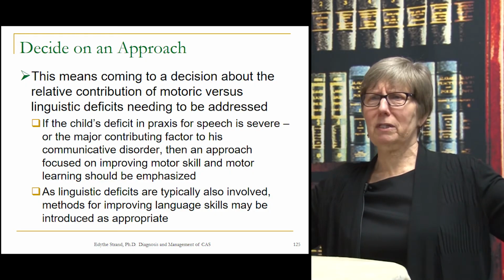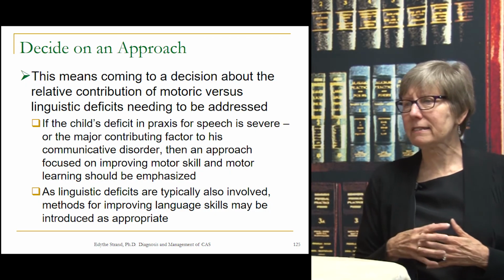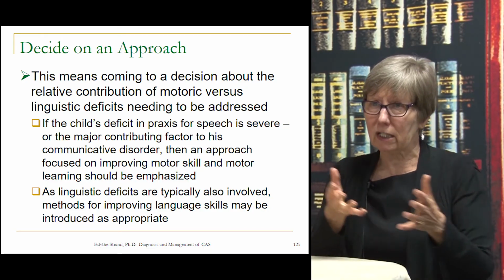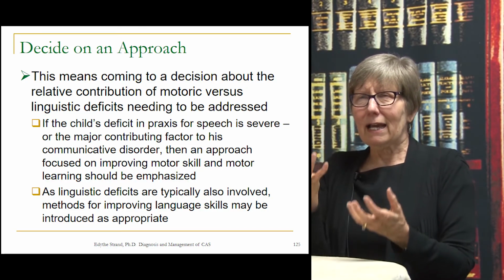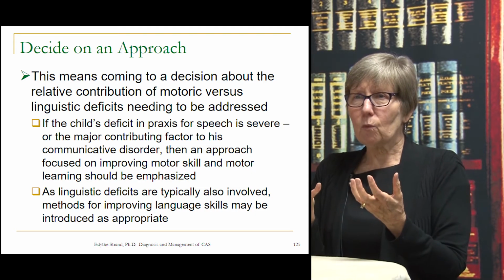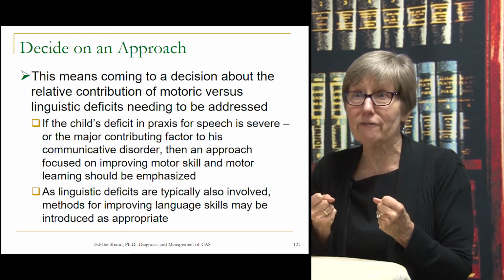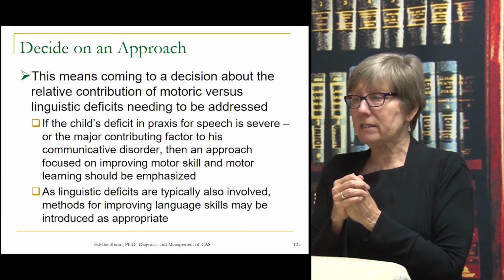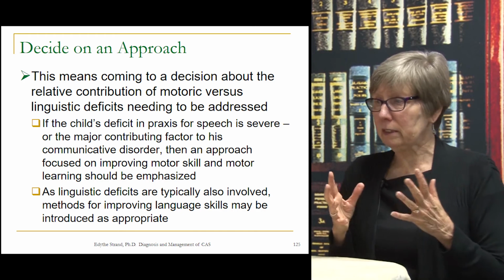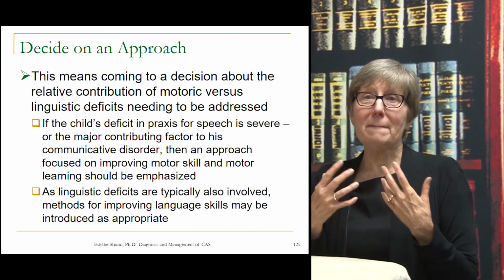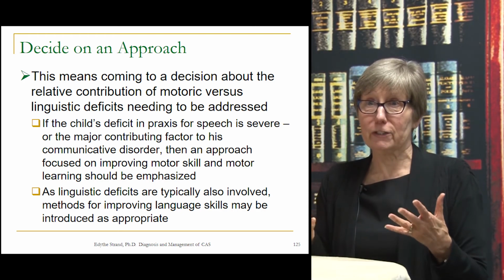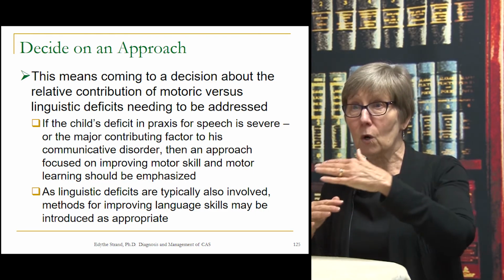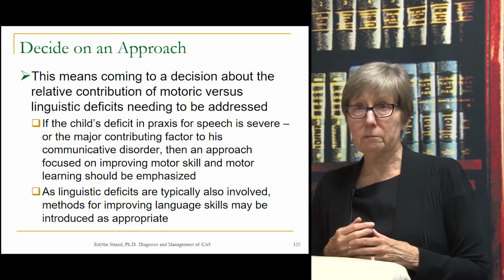So, decide an approach. What do we mean by that? Well, it means that we really have to be clear in our own mind about this relative contribution of phonology versus CAS, because you're going to find both, and where do we want to put most of our effort to get early progress. Now, if the child's deficit for specifying movement or praxis is severe, or the major contributing factor to his communicative disorder, then an approach focused on motor skill and motor learning should be emphasized.